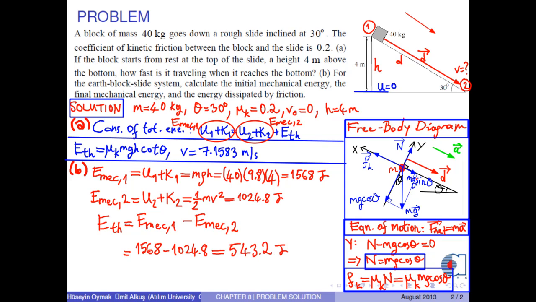So we obtain 543.2 joules, or approximately 543 joules. This energy can be also found by using the expression which is derived earlier.